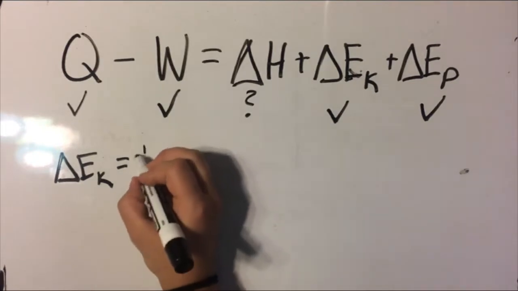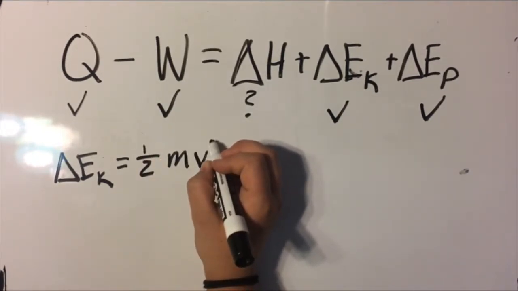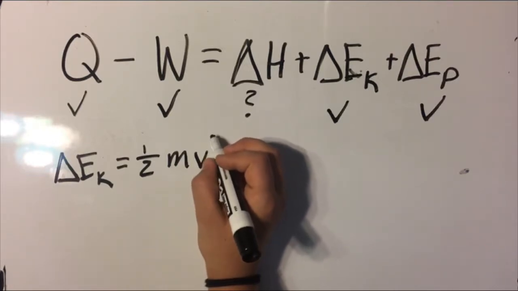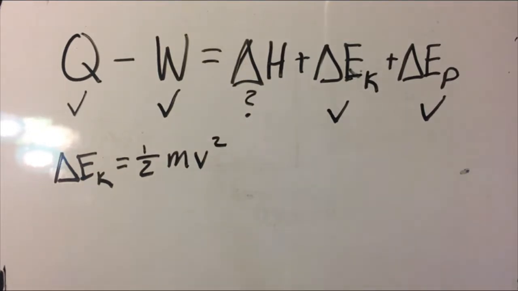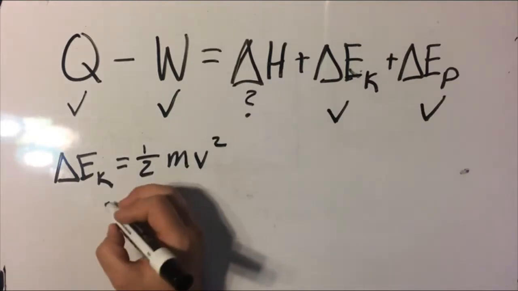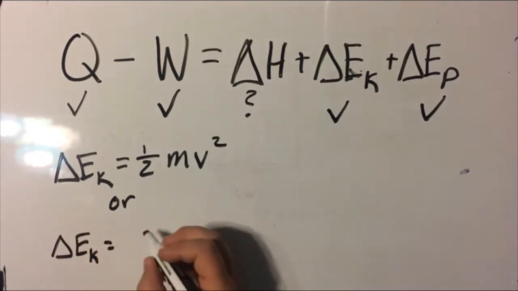Now, normally what we're used to is using the equation 1/2 mv squared. But in order to make this a little bit easier, we're going to take out the mass component and just do a unit conversion later. So we can start with some simplified numbers. Instead of 1/2 mv squared, we're going to do just 1/2 delta V squared.